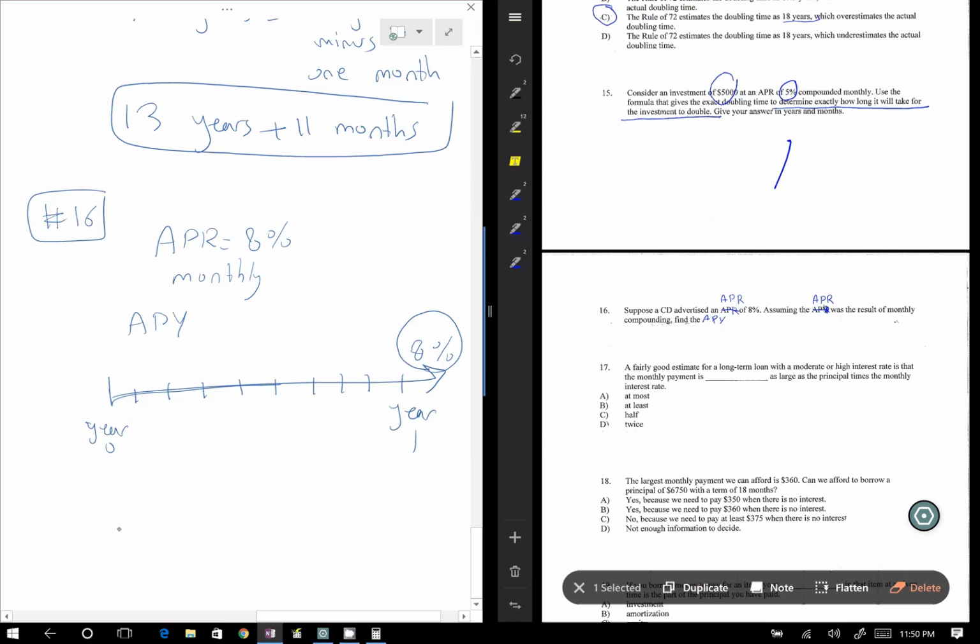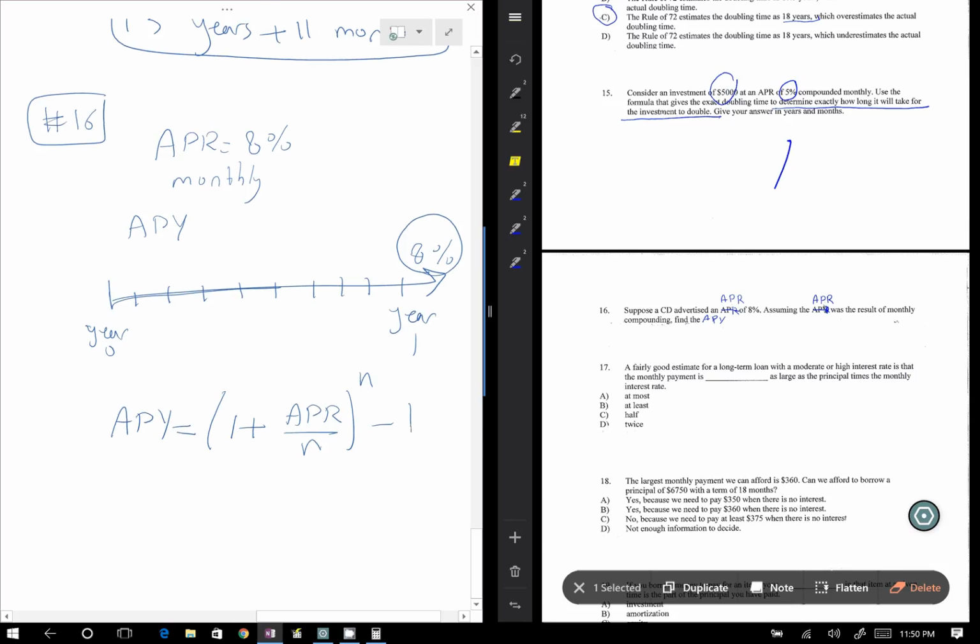Now, there's a formula for this. You don't have to really think it through. It's 1 plus APR divided by n, to the power n, minus 1. So that's 1 plus 8% divided by 12, to the power 12, minus 1.